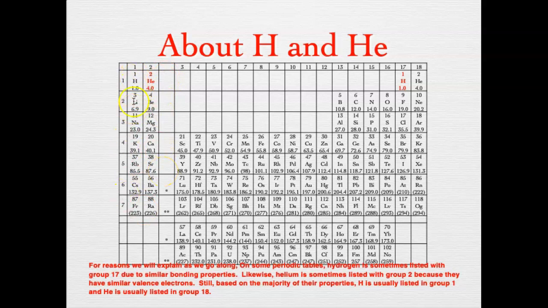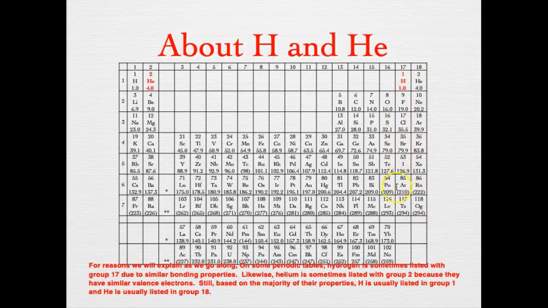These all have 1 valence electron, that's why hydrogen is there. But on the other hand, helium is very noble, and noble means that they don't react. They used to be called inert gases. They call them noble because they're better than the other elements. They don't react with regular elements. They don't react at all. They're calm. They do the right thing. So helium does fit in with the noble gases. That's why it's most often put there.